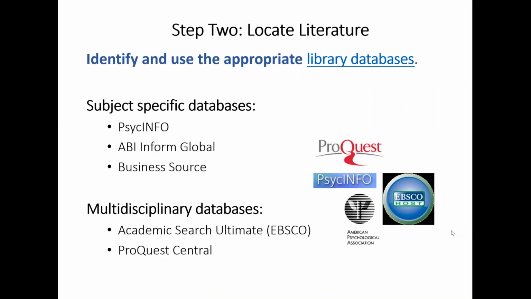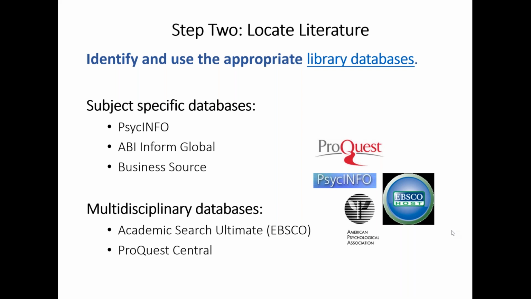All right. So of course, once you've sort of built your keyword list, you also want to identify where you're going to search using those keywords. So you want to identify or use any appropriate library databases. I usually like to start out with subject-specific databases.